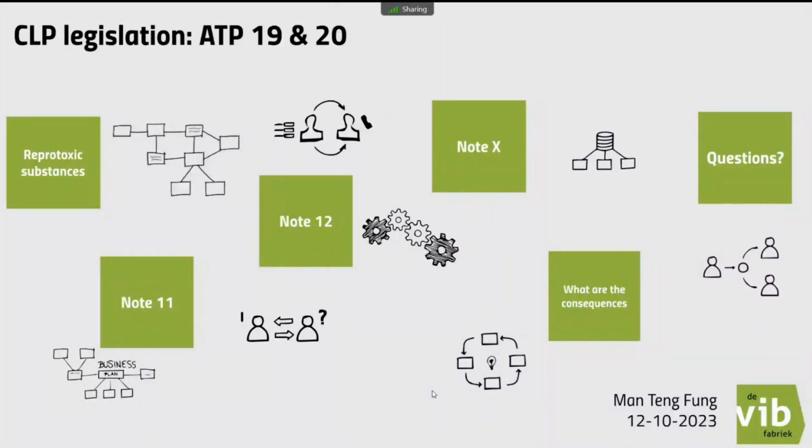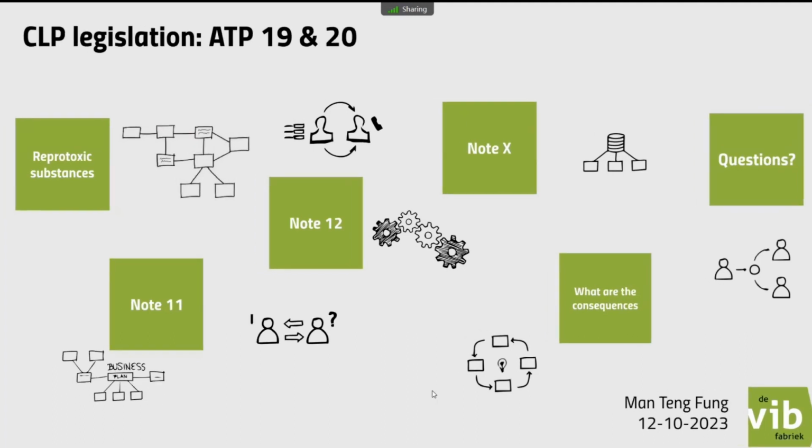So today we're going to talk about changes in CLP legislation that are introduced in ATP 19 and ATP 20. And before I talk about these changes, I would like to explain a little bit what reprotoxic substances are. Why? Because these changes apply to these types of substances.